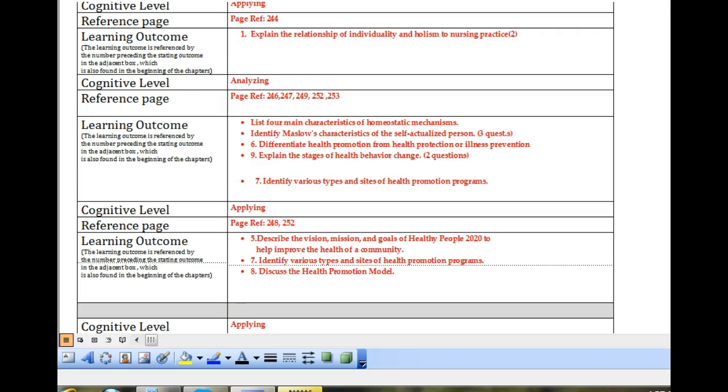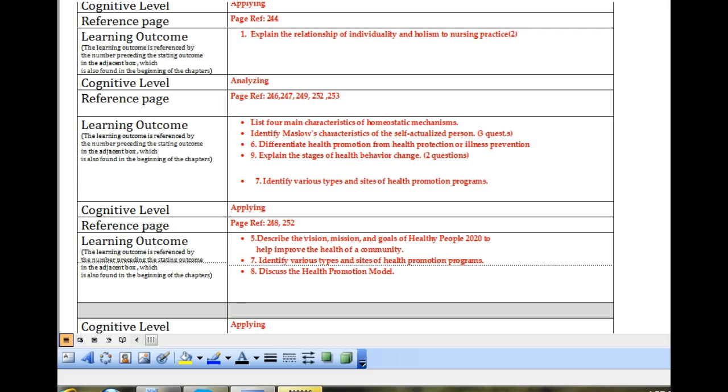Let's go on. Let's talk a little bit about Maslow's hierarchy of needs. I want to make sure you guys look up and see what the physiological needs include, which are air, food, water, rest, and sleep. I want you to make sure you look at safety and security needs, and those are things both psychological and physiological that help the person feel safe.